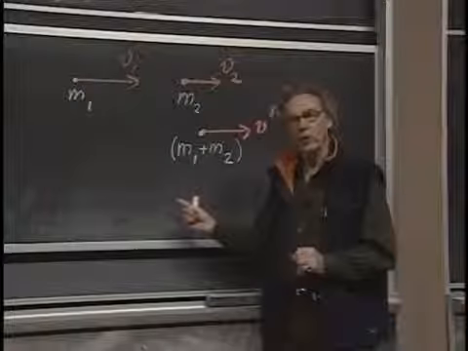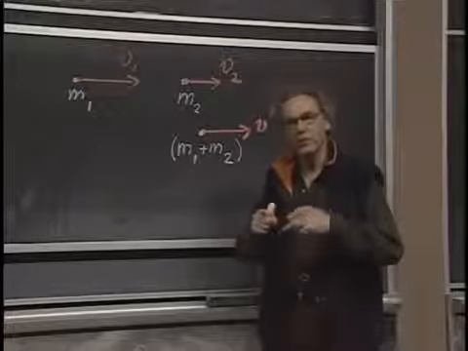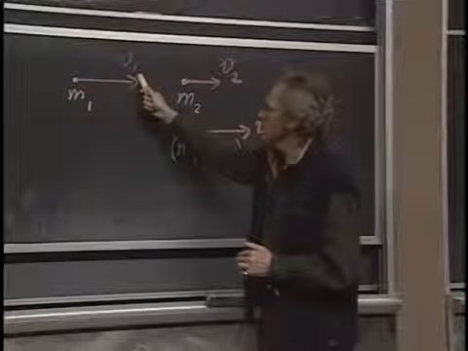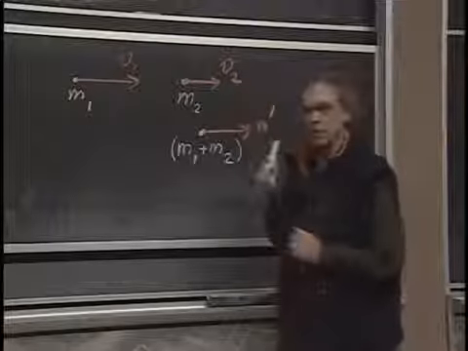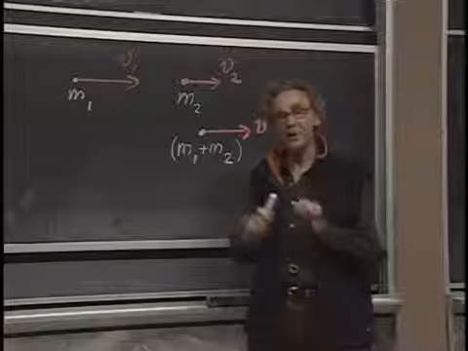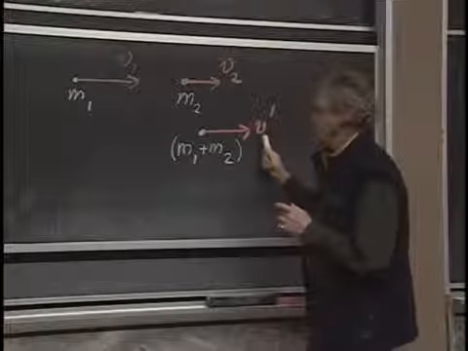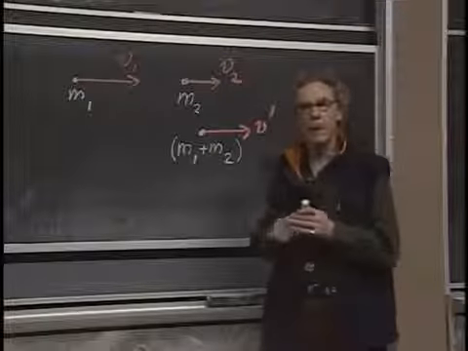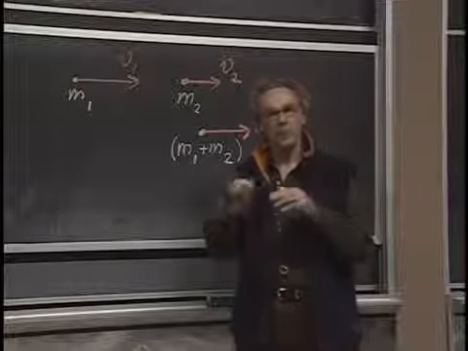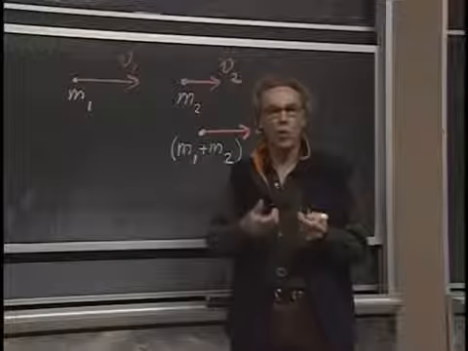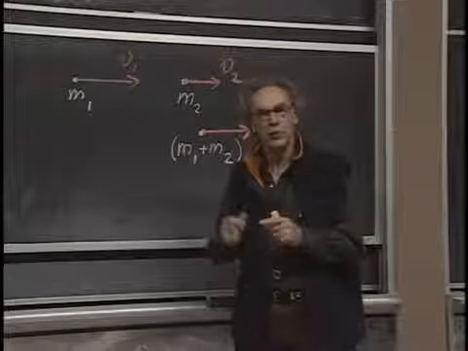When we deal with collisions, the velocities of the objects before the collision are unprimed. You see here v1, and you see here v2. Now the velocities after the collision, by convention, are primed. You see here a v prime. Now if after the collision, object 1 and object 2 have different velocities, we would call them v1 prime and v2 prime.